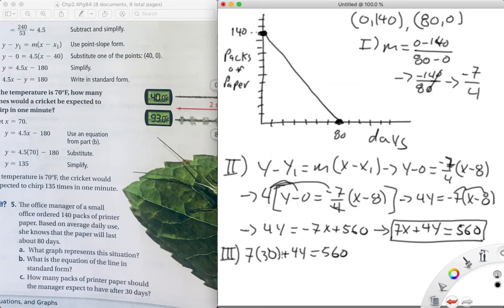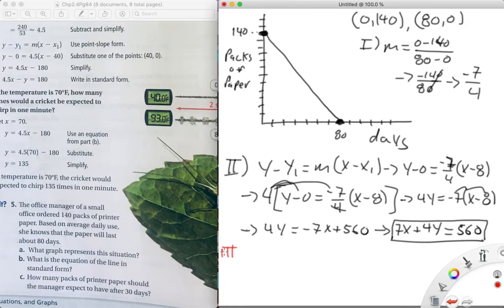So that's going to be, let me use a different color because they're all blurring in. So 7 times 30 plus 4y equals 560.